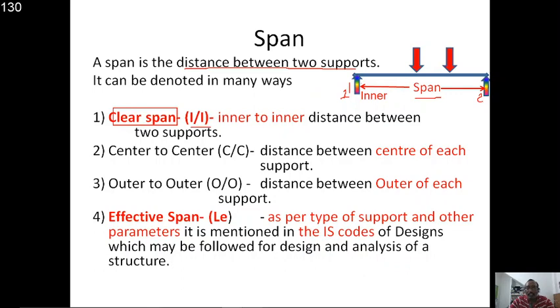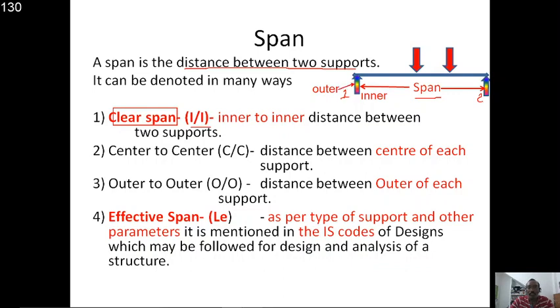So this is known as the inner portion and the outer portion.